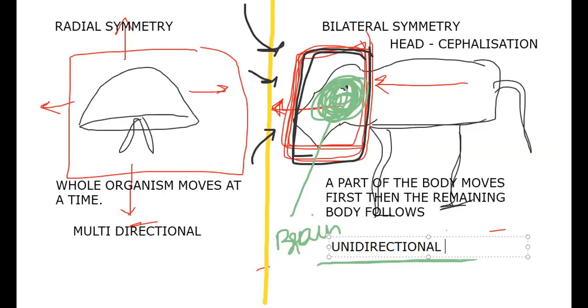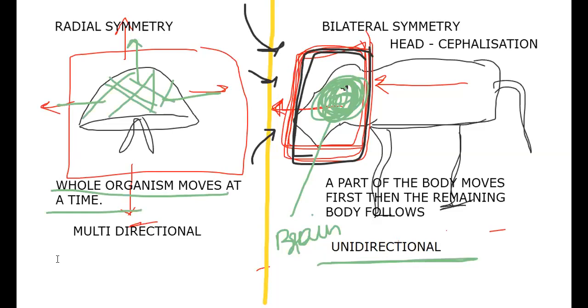Then why is the brain not developed in radially symmetrical animals? As we said, the whole organism moves at a time, in multiple directions. So what we can expect in radially symmetrical animals is a diffused nerve net.